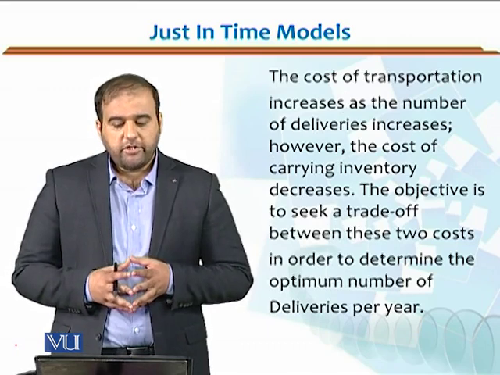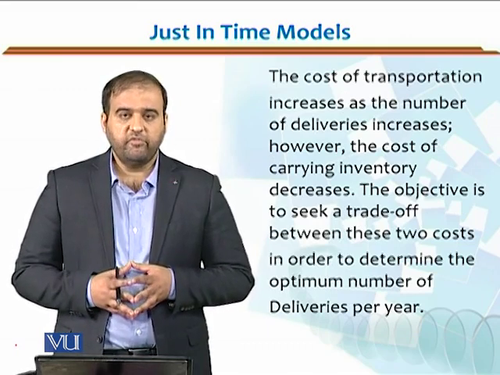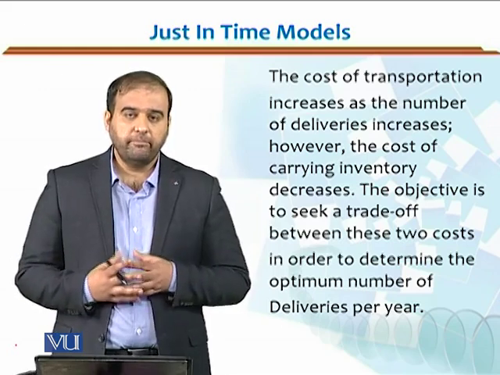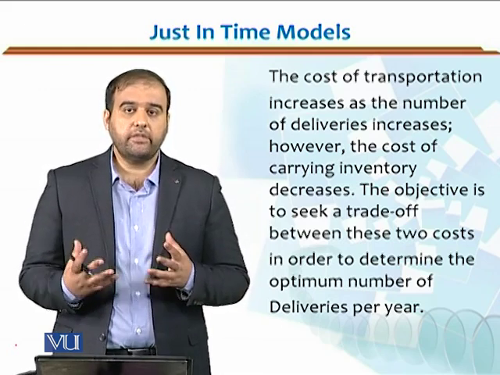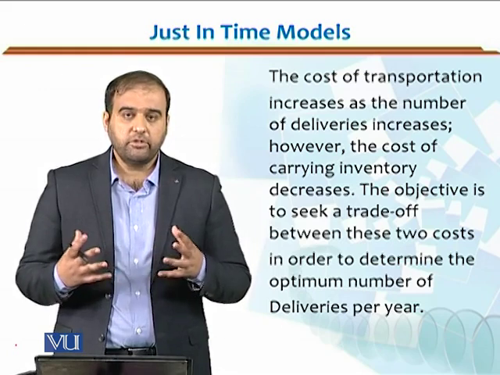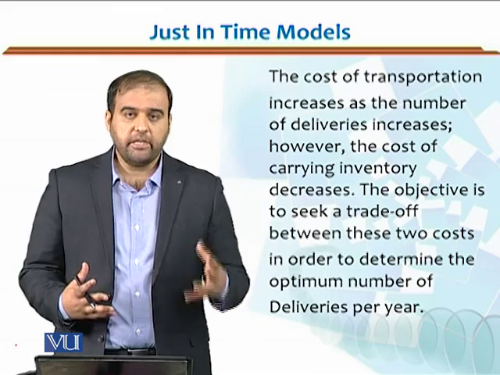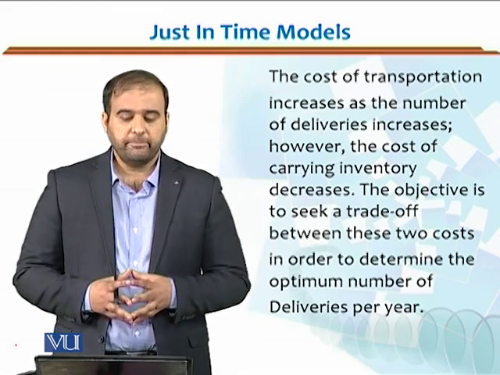The cost of transportation increases, yes. So for just in time, my cost of transportation would increase. This model would not be that attractive if your supplier is located at a very distant place. Then the shipment cost would be much higher.